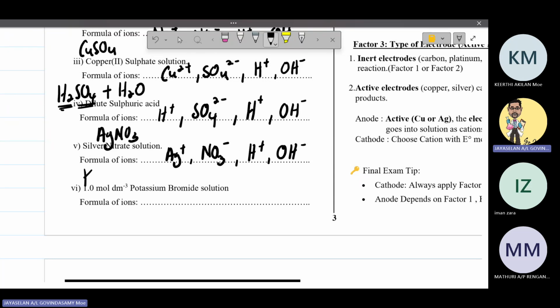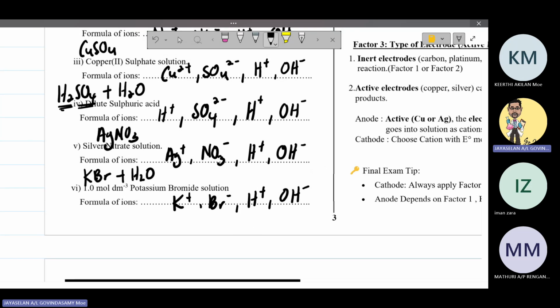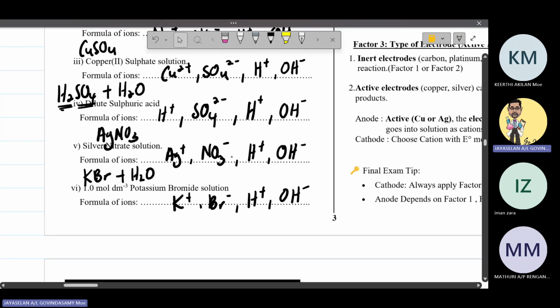Potassium bromide, kalium bromida. So, KBr plus you must put water. So, K positive, Br negative, H positive, OH negative. Any question? No question. Okay, if all done, one person angkat tangan, kita pergi next part.